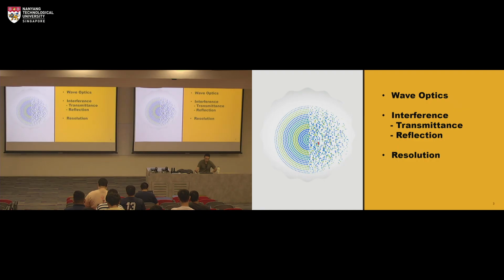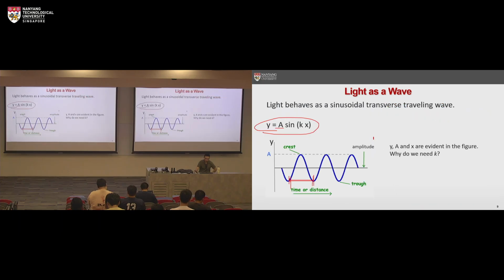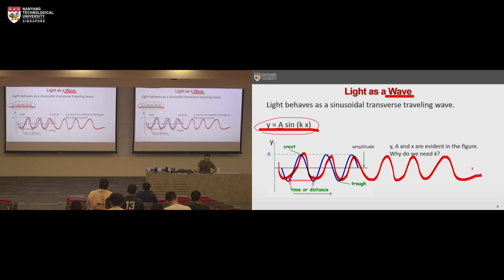In topic 1, what I want to introduce is that instead of considering light as a ray, we now deal with light as a wave. This means all the properties that you have learned in the past for a wave should appear. You can use the same concept to visualize light, which can now travel as a wave.